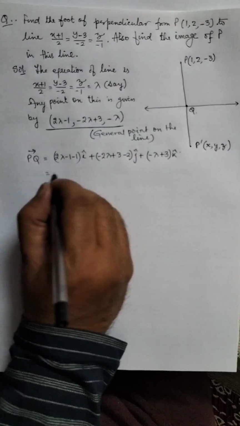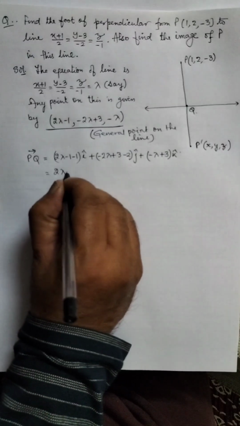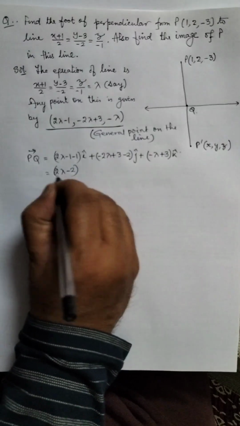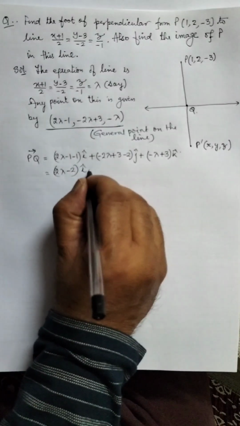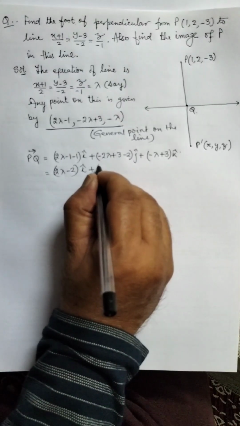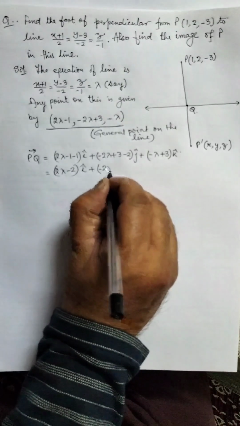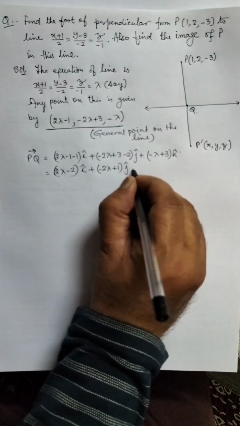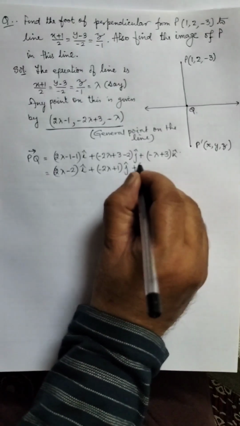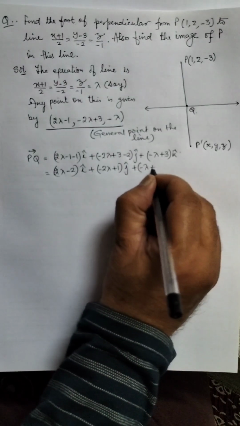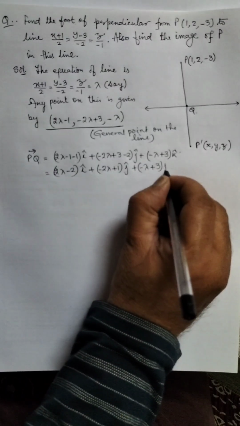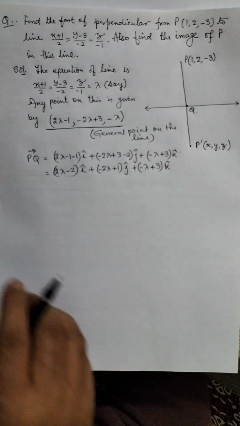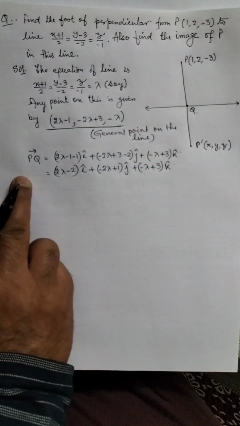That is, (2 lambda - 2) i cap plus (-2 lambda + 1) j cap plus (-lambda + 3) k cap is the position vector of PQ.